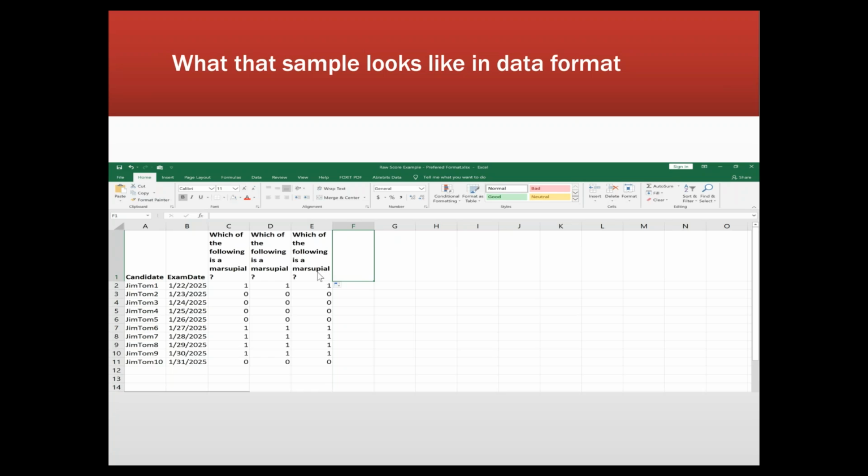If one of these came up as a problem, what we would call flagged, and I tell you, I need you to bring up which of the following is marsupial, beyond the testing security problem that I've just caused, I don't know what item I'm really talking about. You don't know what item I'm talking about, which makes the action that we need to do impossible to move forward with.